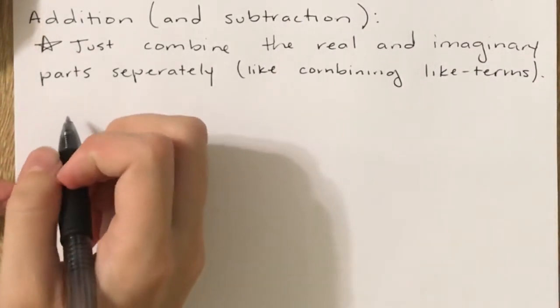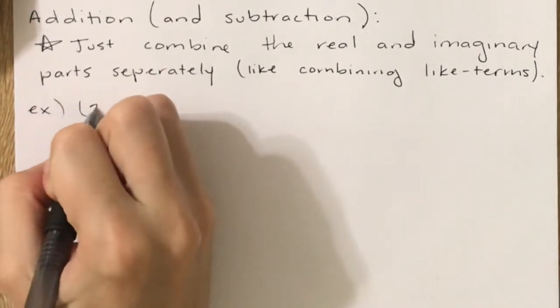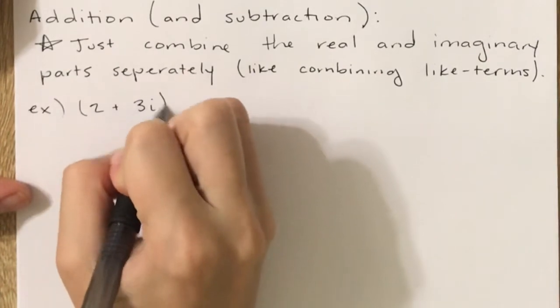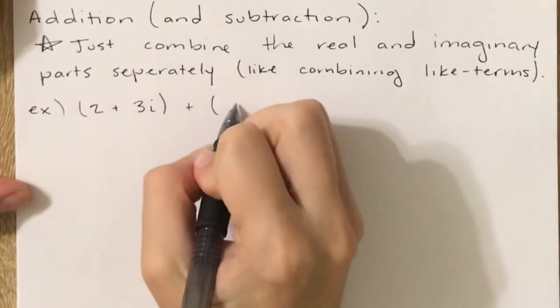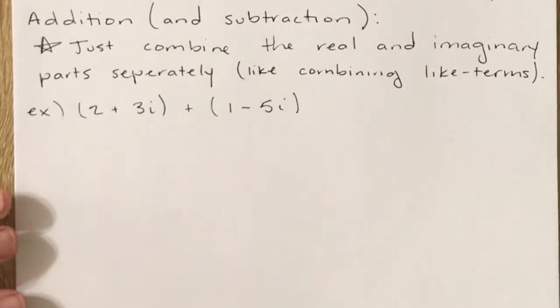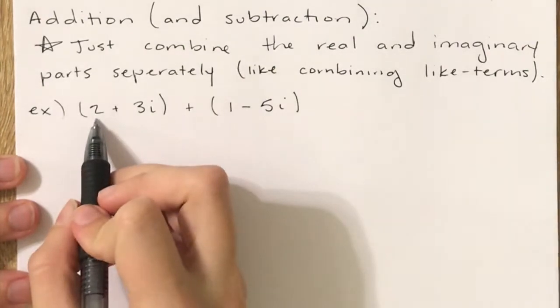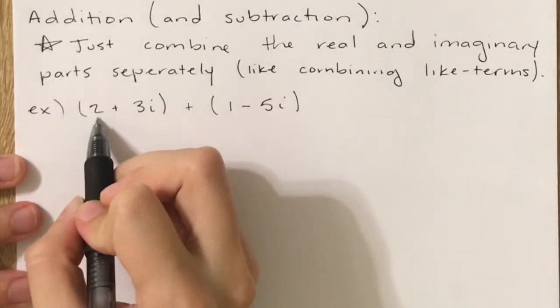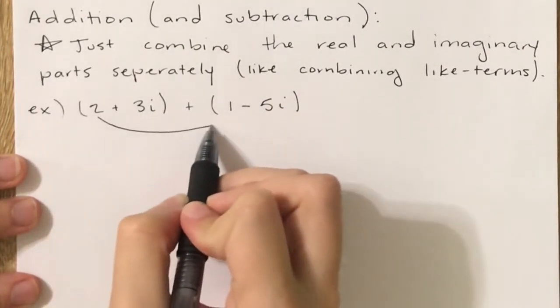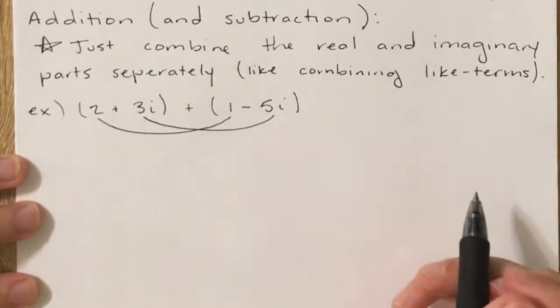So for instance, let's combine 2 plus 3i plus 1 minus 5i. So similarly to combining like terms, we want to figure out which terms are alike, right? We have our real parts here, so we have 2 and 1, and we have our imaginary parts 3 and negative 5.